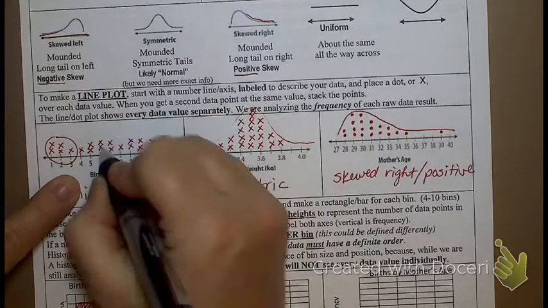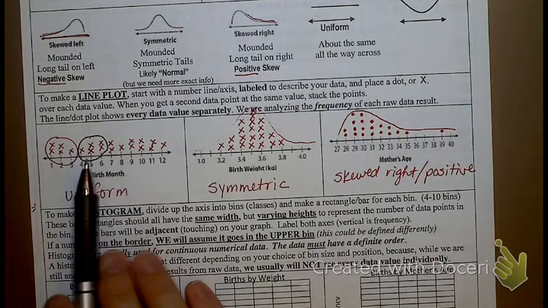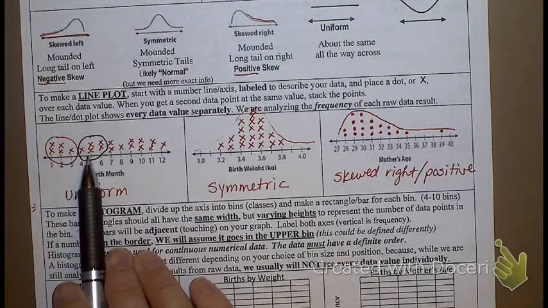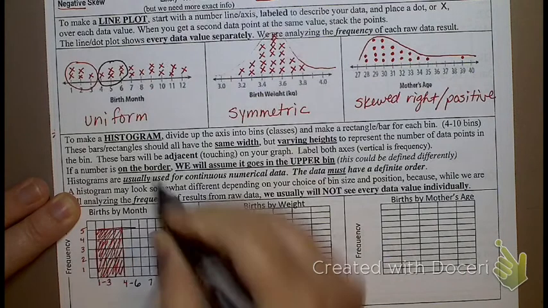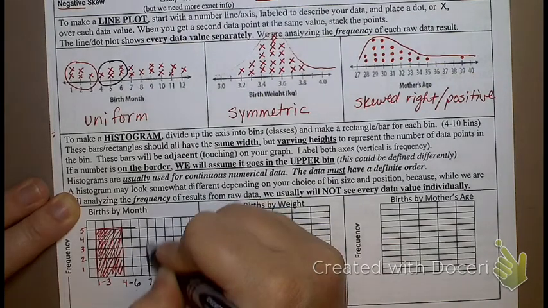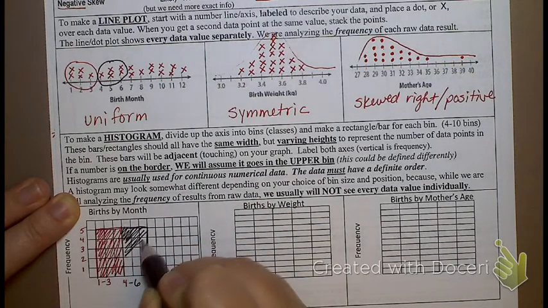So months 4 through 6, how many babies were born? 1, 2, 3, 4, 5. So again, I'm going to have a bar, goes all the way up to where my next one's going to start. That is 5 high, representing the 5 babies that were born in months 4 through 6.